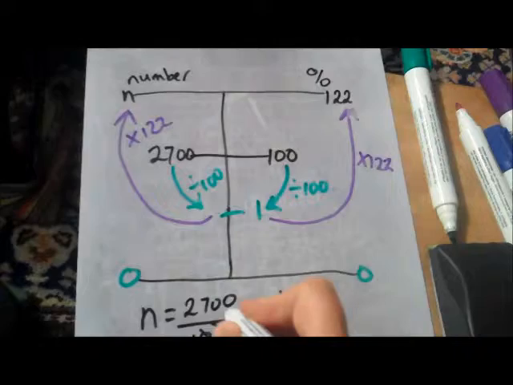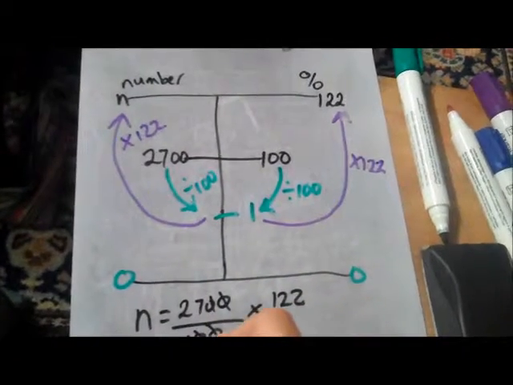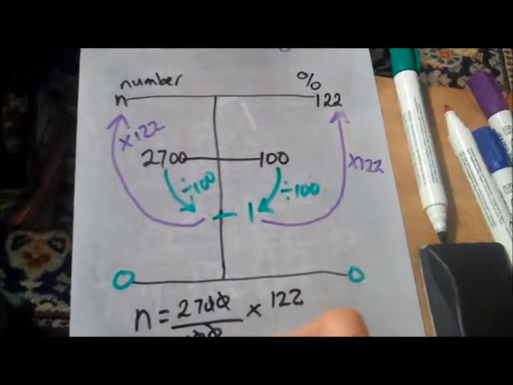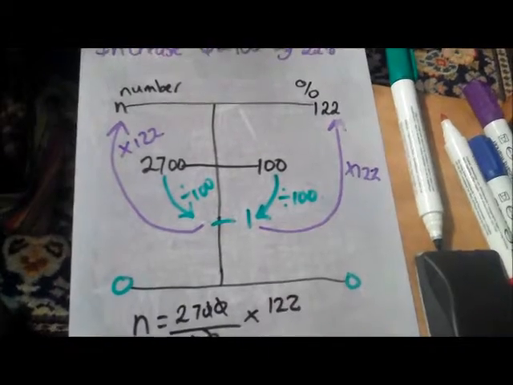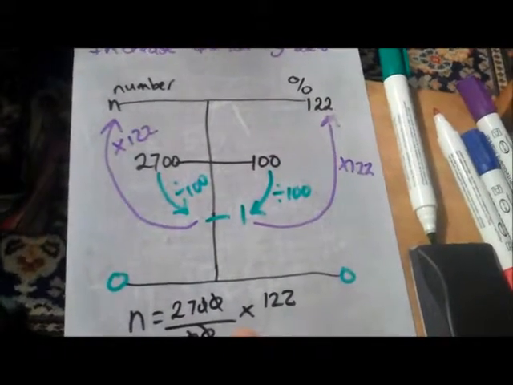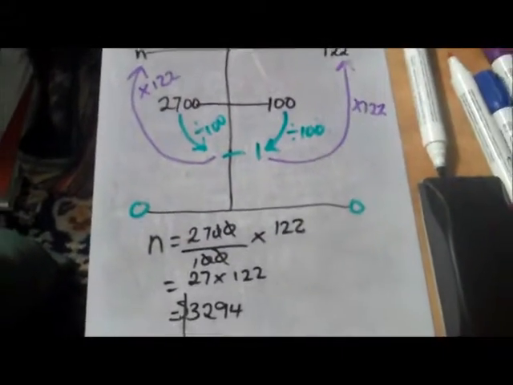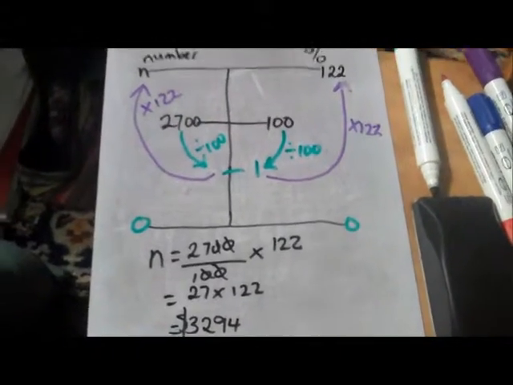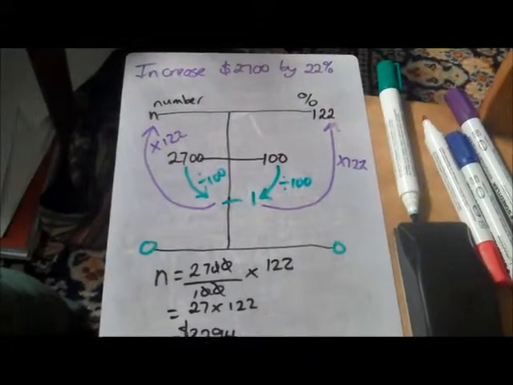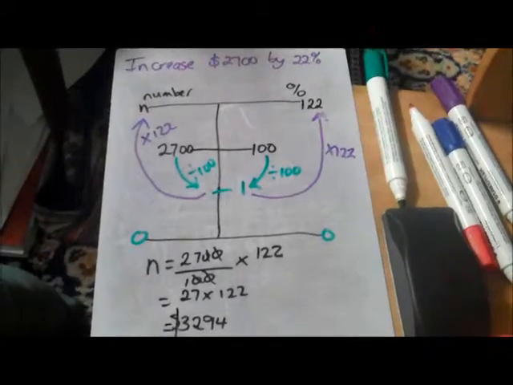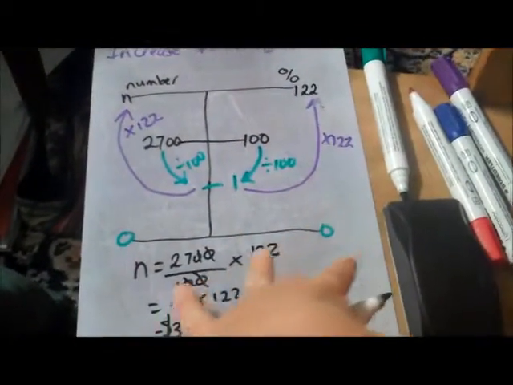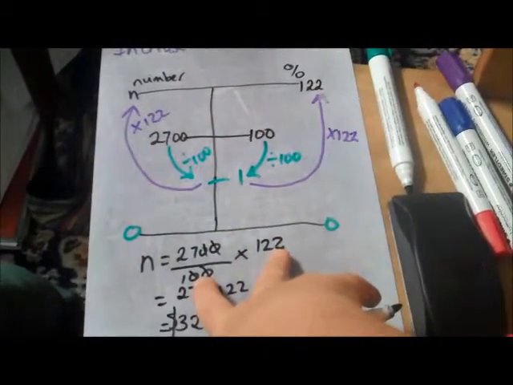So I can cancel that, and what I'm left with is 27 times 122, which is $3,294. And that's it. So increasing $2,700 by 22% is actually multiplying by this ratio of 1.22.